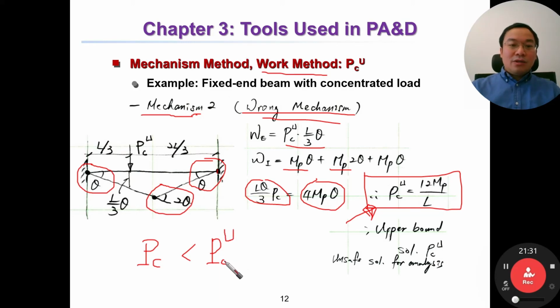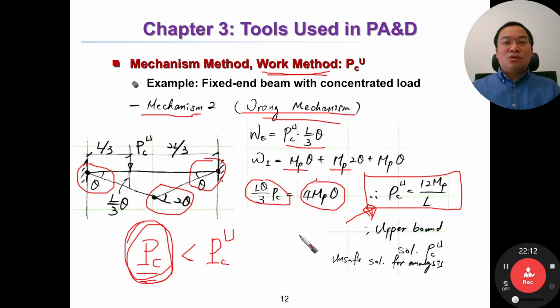Do you understand? It is important. Again, in short, if we use the work method and determine a wrong solution, then it should be greater than PC. If we assume the correct mechanism, then that is the correct solution, and it is the lowest value among the different solutions corresponding to different mechanisms.